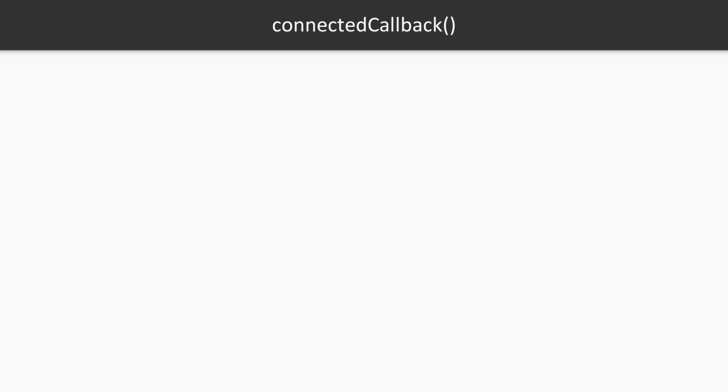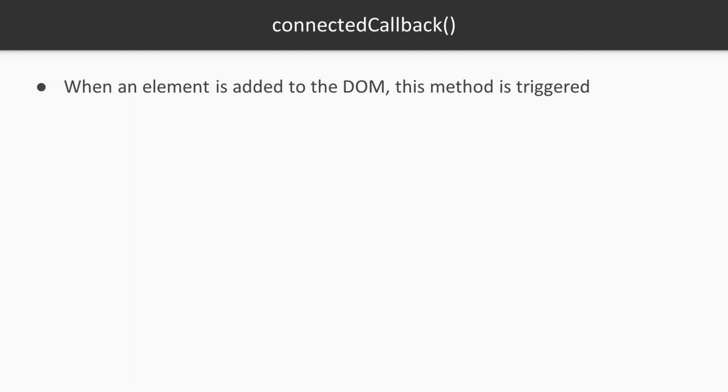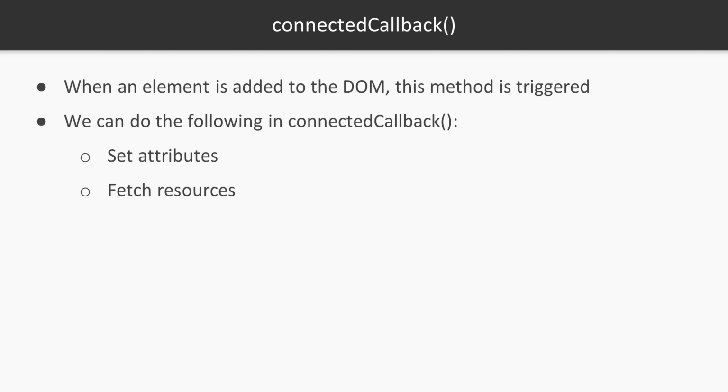Now that we've had a look at the first lifecycle method, which is constructor, let's go on to the next lifecycle method, which is connectedCallback. When an element is added to the DOM, this method is triggered. We can do the following in connectedCallback. We can set attributes, we can fetch resources, we can run setup code, and we can render templates. Now, there's a difference between running setup code in connectedCallback and setting up resources in constructor.